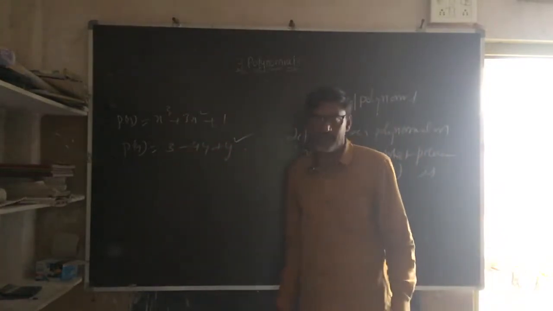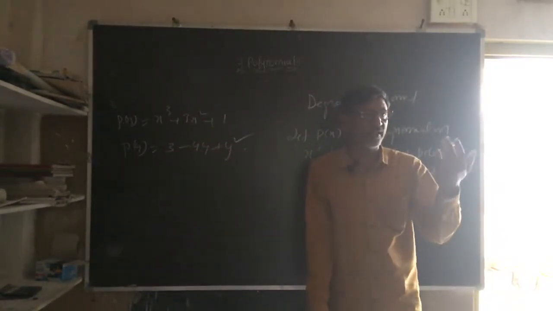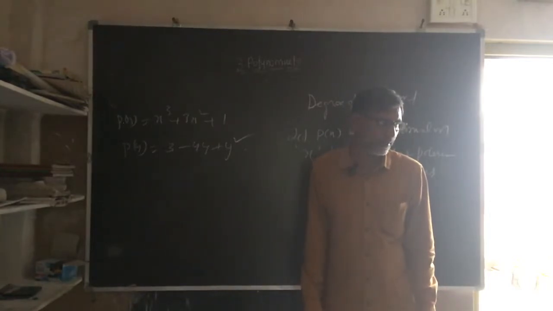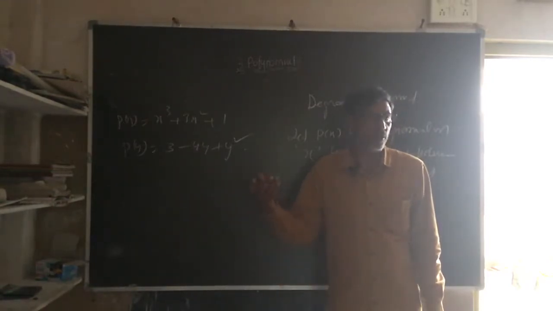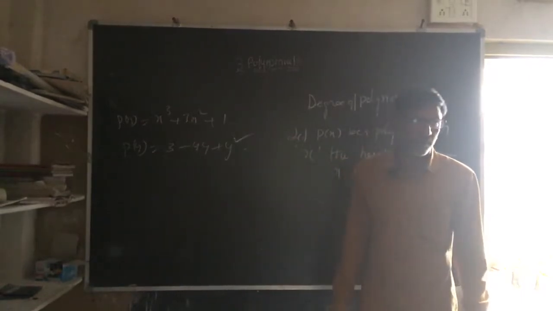The power is 3, cubic polynomial. If more than that, you tell the fourth degree, fifth degree polynomial. Third degree polynomial is simply called cubic polynomial.